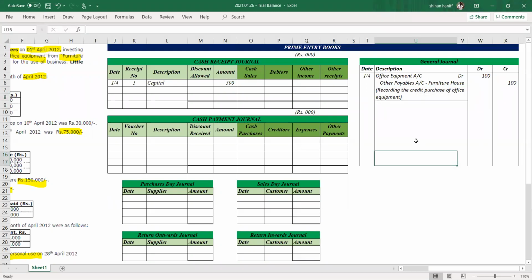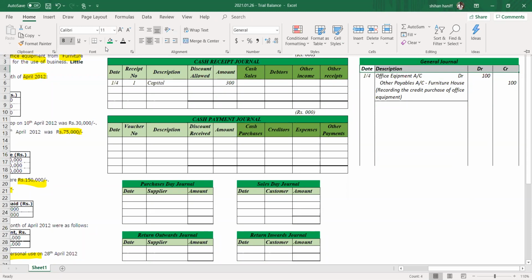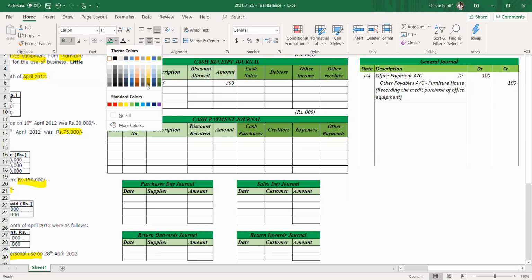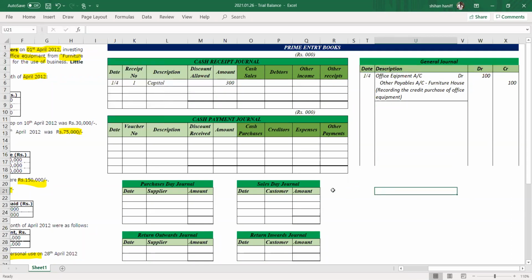Okay, so that is a credit purchase of office equipment, which will be recorded in the general journal. Right? So you need to understand where to record each transaction, in which prime entry book we need to record the transactions, right? Okay, so next.